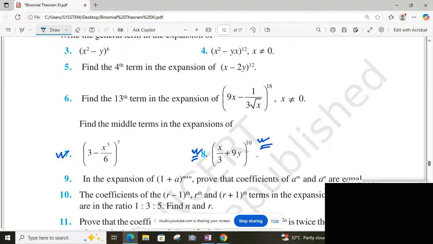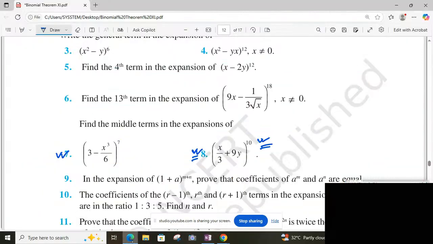So the middle term will be what? n by 2 plus 1, that is, the sixth term. The middle term of this question will be the sixth term. So we find out the value of the sixth term. Let's see the solution.